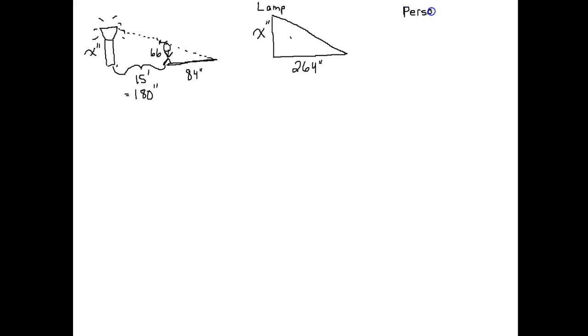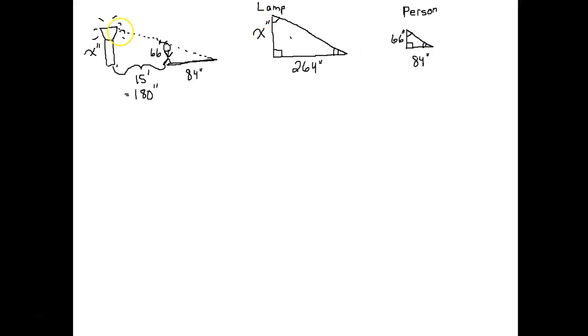And then for the person, you know, that person is 66 inches tall and is casting a shadow of 84 inches. We're going to assume the lamppost and the person are standing straight up and down. So that gives us two right triangles. The angle of the light coming down is the same. And then the angle where the shadow hits the ground at the end is the same.